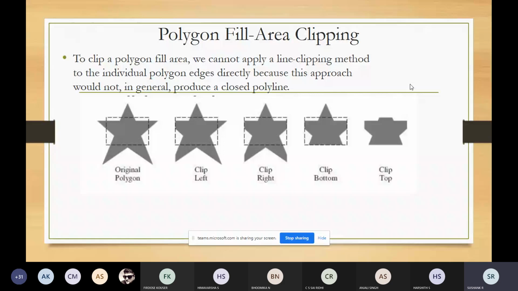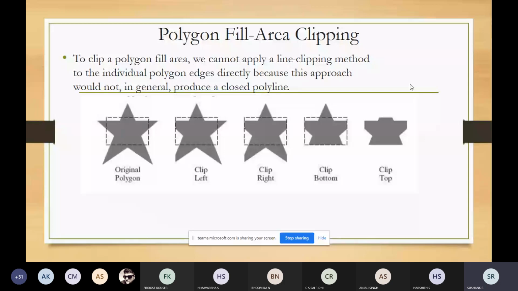Here we have parts like clip left, clip right, clip bottom, clip top. Clip left means the objects which are not on the left-hand side of the clipping window will be clipped. So we have four clippers: clip left, clip right, clip bottom, clip top.